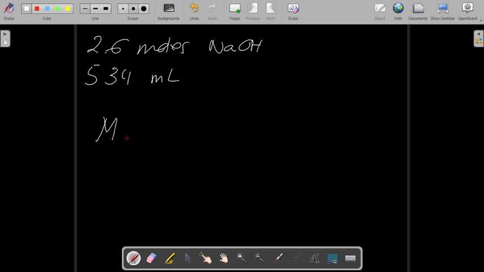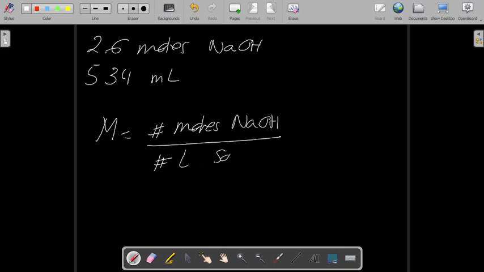Remember, the molarity equals the number of moles of that substance, so in this case it's sodium hydroxide, divided by the number of liters for the solution. Okay, do we have what we need? Well, we do have the number of moles of the sodium hydroxide, but we don't have liters here. So the first step is going to be convert our milliliters into liters.